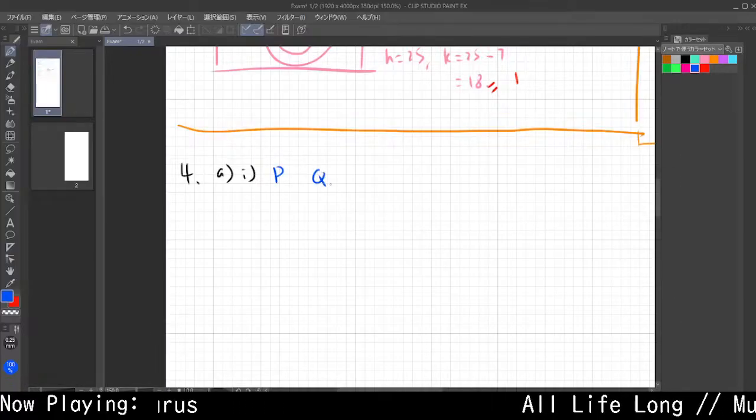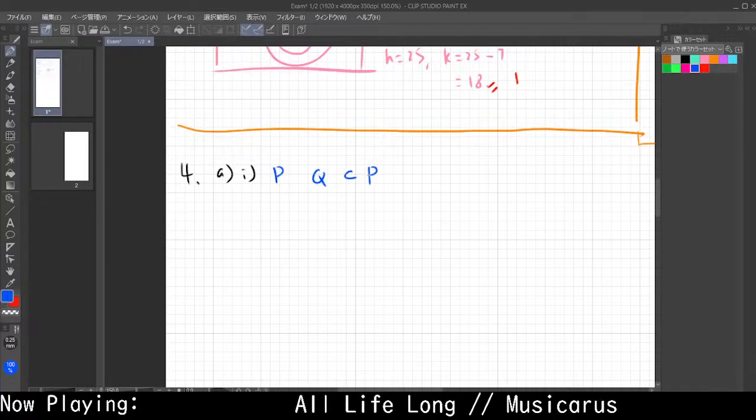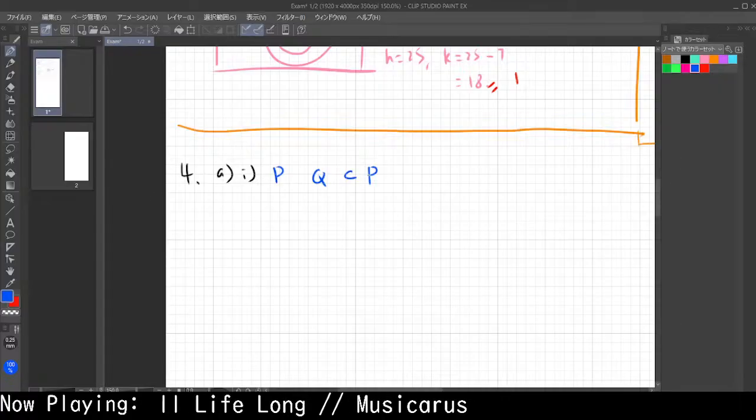P and Q, how do you want it to be smaller than P? For something between P and Q to be smaller than P, you want to physically take a smaller portion.